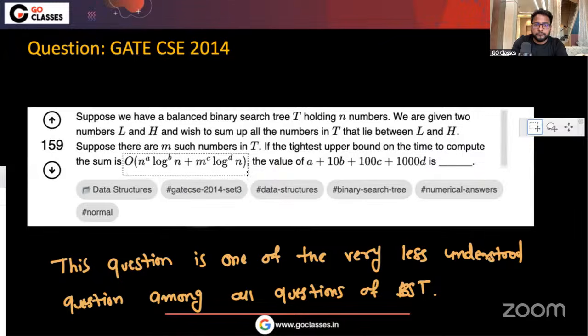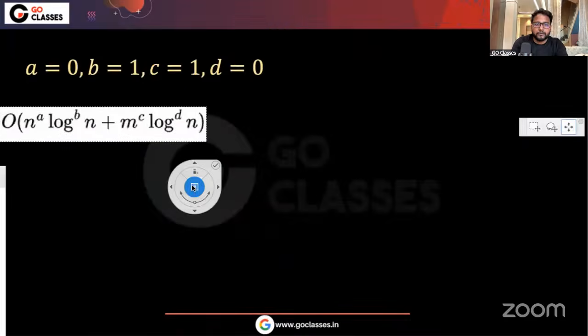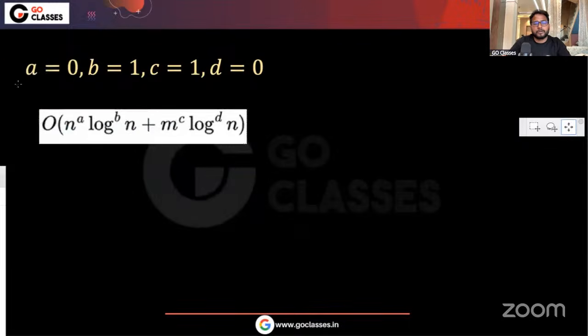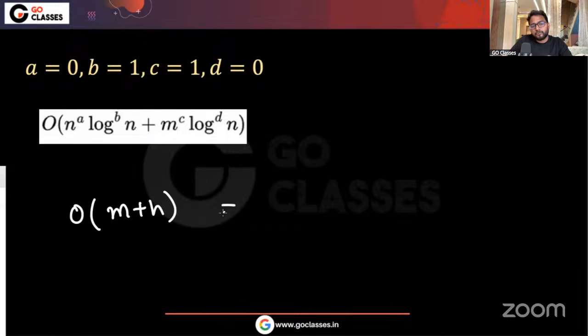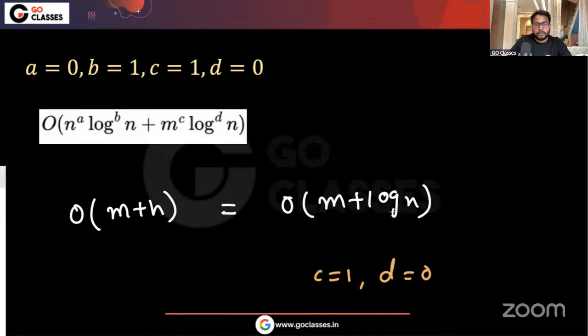In general, order of m plus h is the answer. For balanced it is order of m plus log n. If you compare, from m you get c is 1 and d is 0, and log n you get from here, so a is 0 and b is 1. Is this fine to everyone?